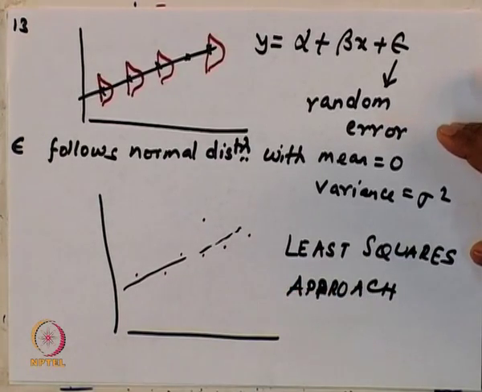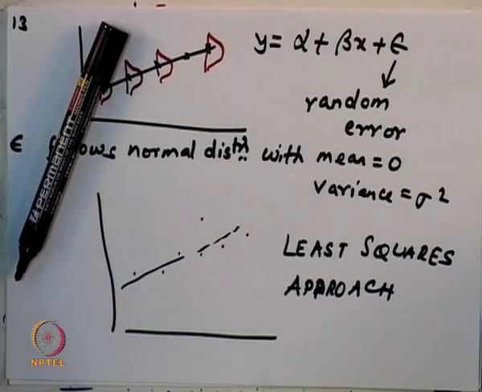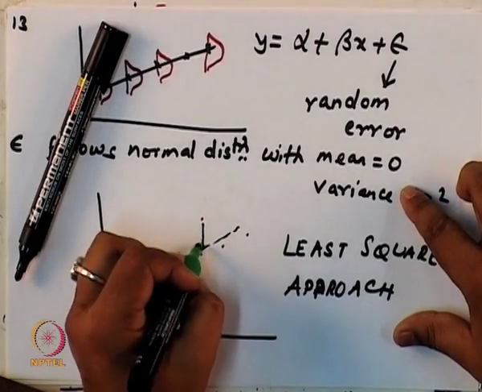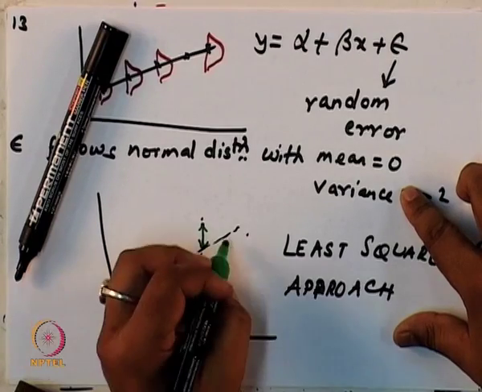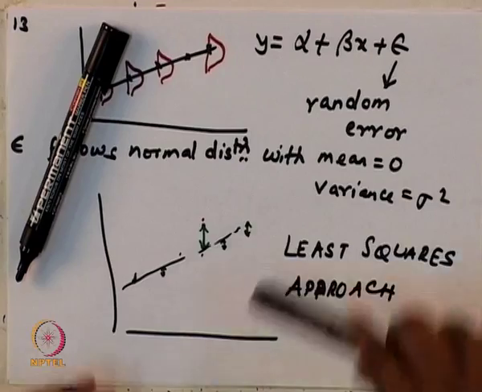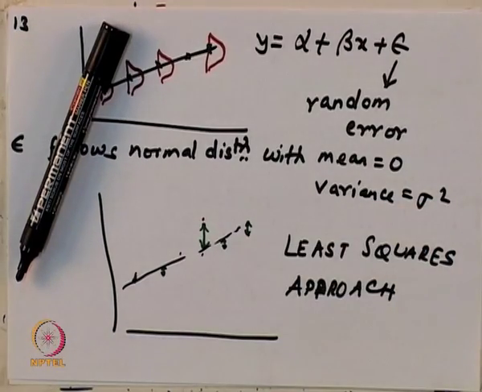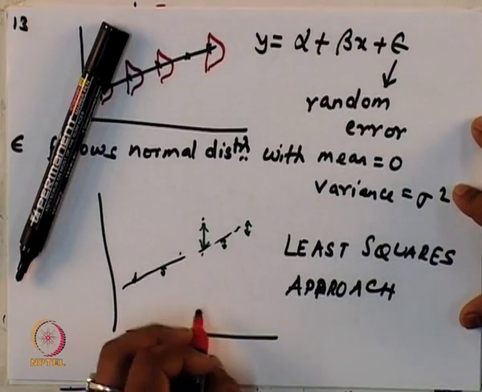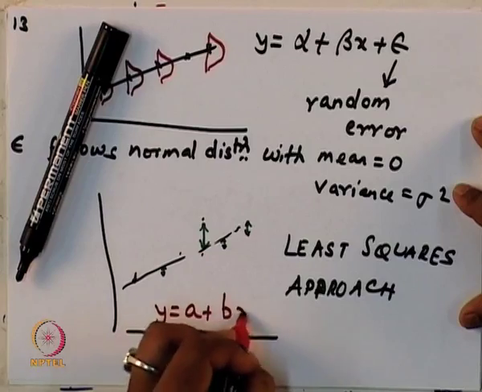What the least squares approach does is essentially minimize these errors on both sides of this line. It minimizes the square of these errors, thereby finding some estimate of alpha and beta, and this least square line is written as y is equal to a plus bx.